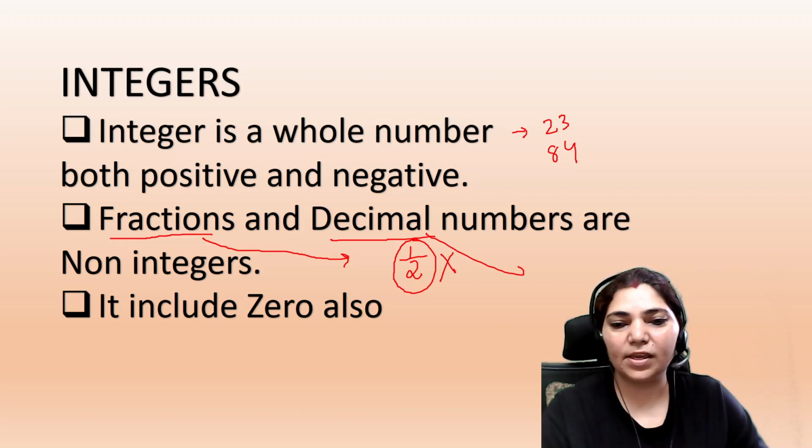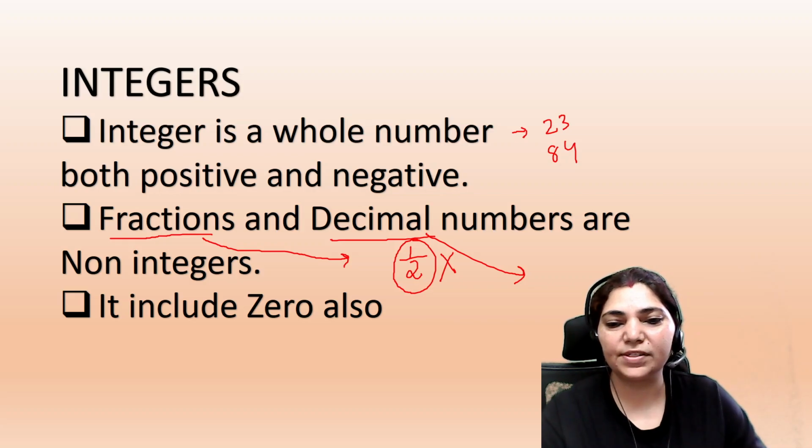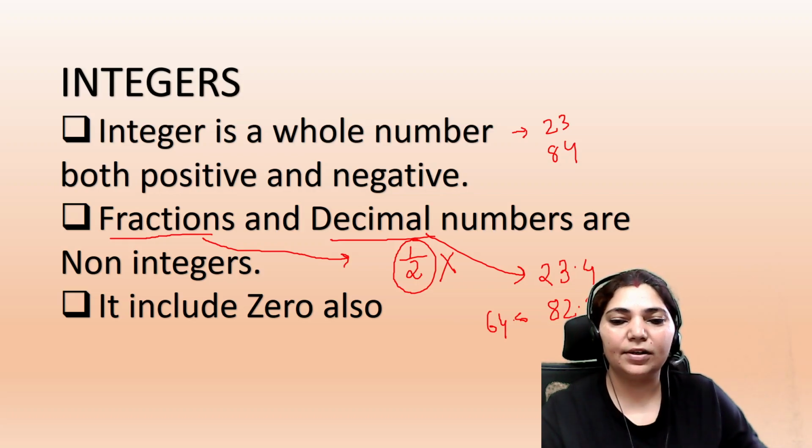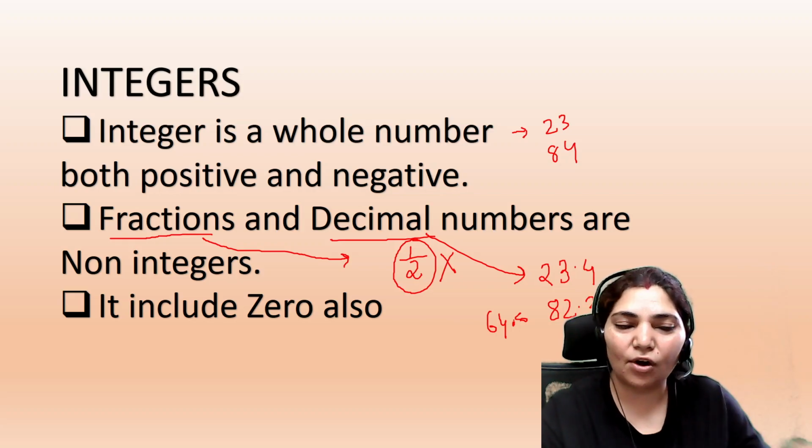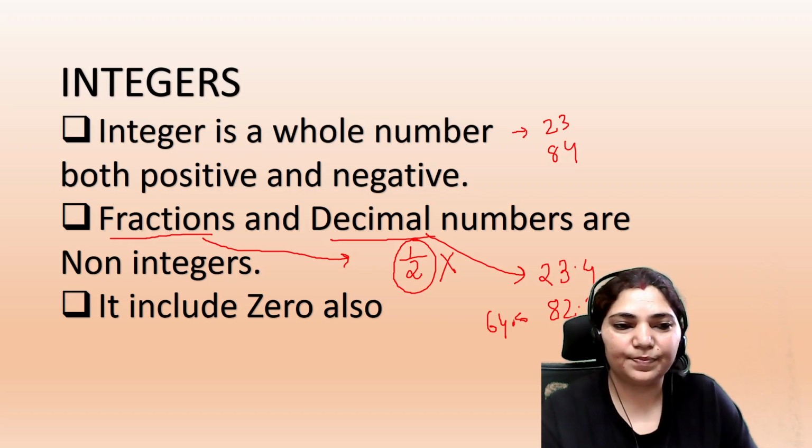And in the same way, if I take a number which has a decimal like 23.4, 82.3, 64.6, any number which has a decimal point in it is not an integer.